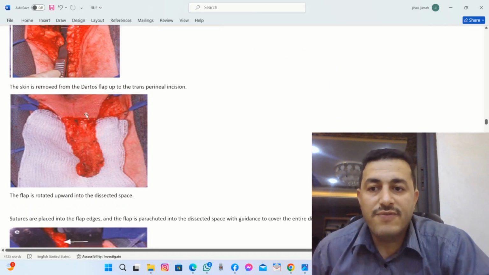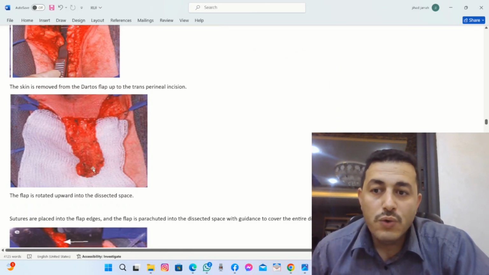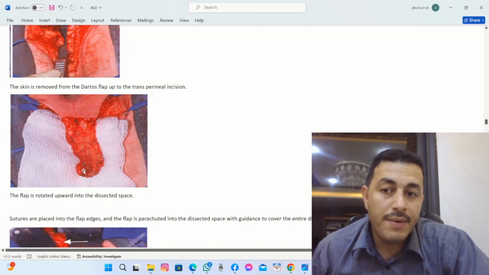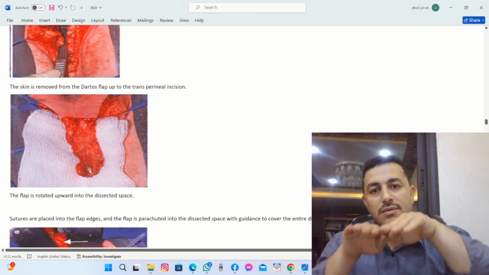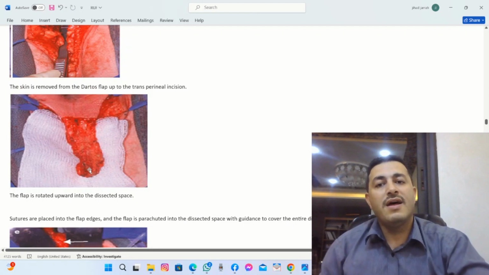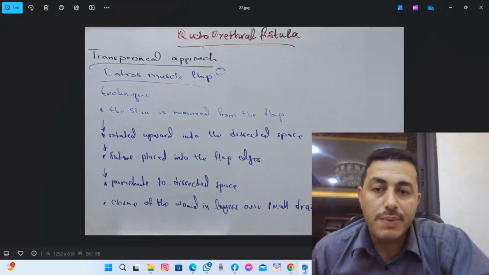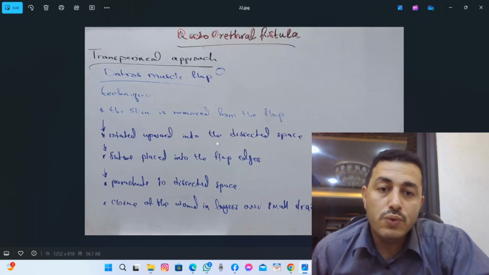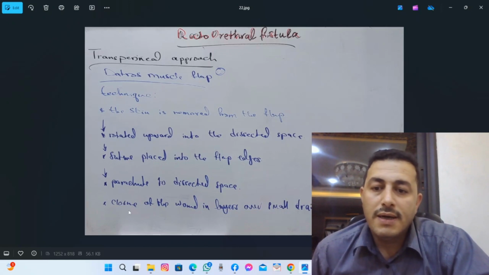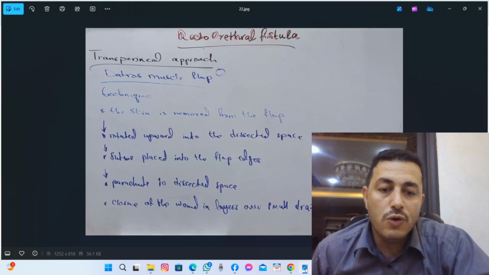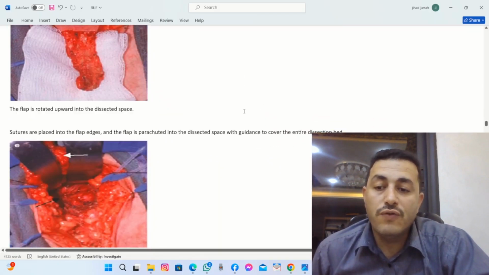Here, this is our flap, and this is the dartos muscle, and we remove the skin from it and we invaginate it in the retroprostatic space. Then we suture the flap to keep it fixed, and finally we close the defect over a drain.